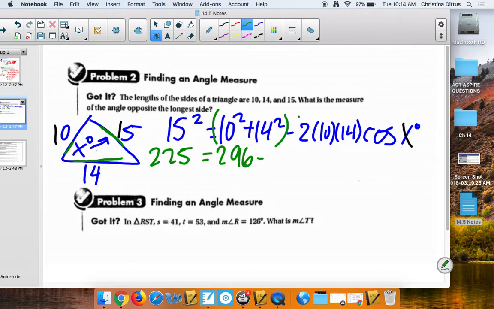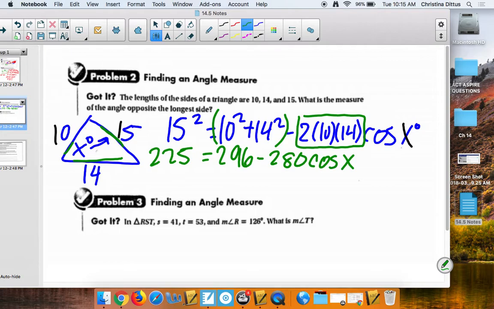Minus, now we're just going to take 2 times 10 times 14, 280. Negative 280, and then we have our cosine x. You can use the negative or you can just leave a minus sign, however you want to think about it. Okay, good through there.